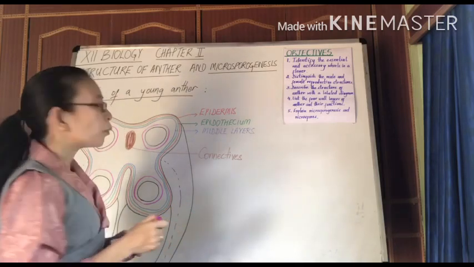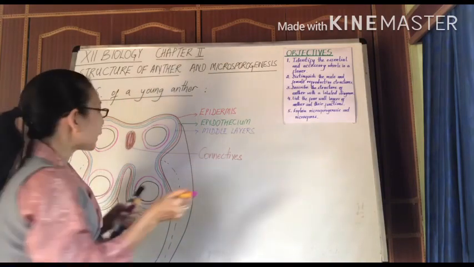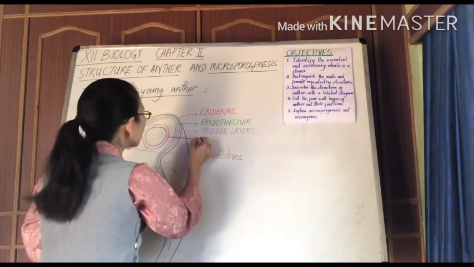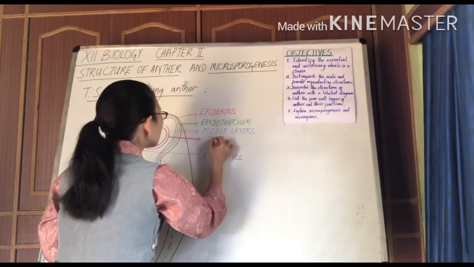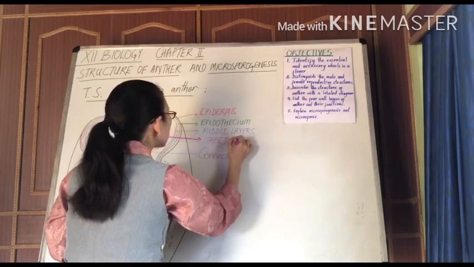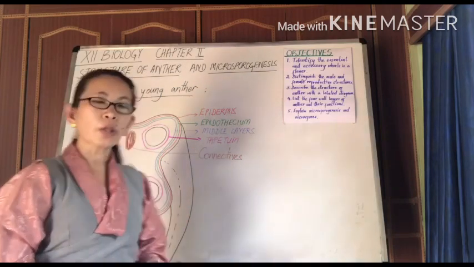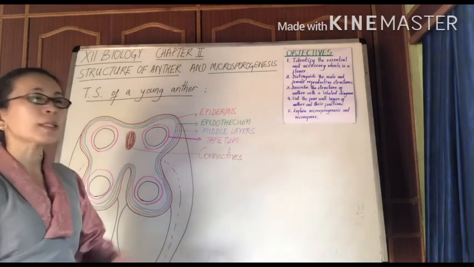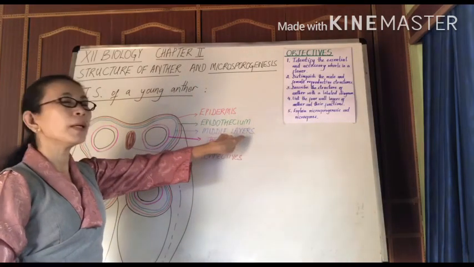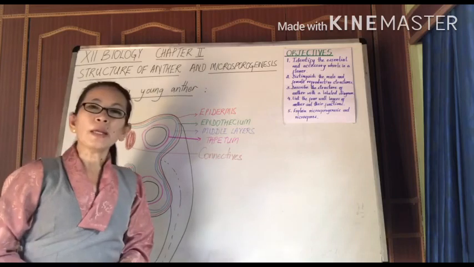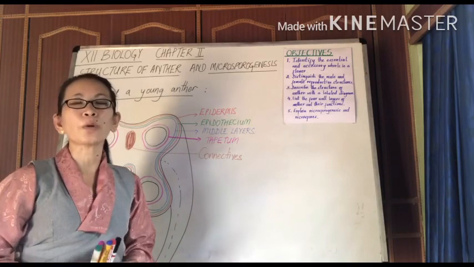And then the innermost layer close to the microsporangia is the layer which is called the tapetum. So these are the 4 wall layers which we find in an anther. The anther has, from the outside, an epidermal layer followed by an endothecium, then middle layers, and on the inside of the anther we have the tapetum which connects to the microsporangia.